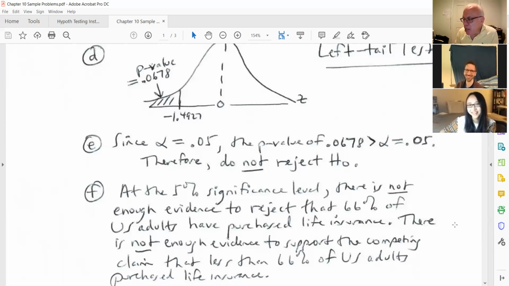All right, well, let me define what a type 2 error is again. The type 2 error is the probability of not rejecting the null hypothesis when the null hypothesis is false. Now, this is an appropriate question when you have come up with what? With a decision of not rejecting the null hypothesis, correct?